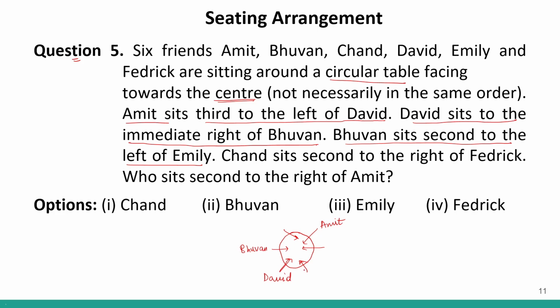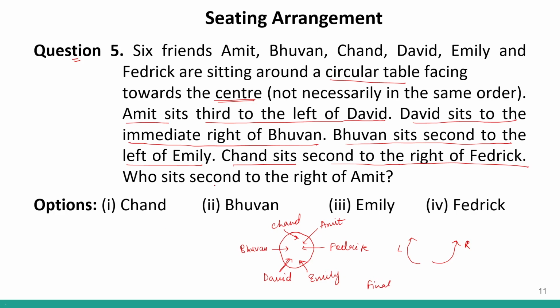That means Emily will be over here. Second to the left of Emily, Bhuvan sits. And Chand sits second to the right of Frederick. So if Frederick sits over here, that means Chand can sit over here because he is sitting second to the right of Frederick. You have to remember the positions of right and left. This will be your right side and this will be your left side. Correct? This will be my final arrangement.